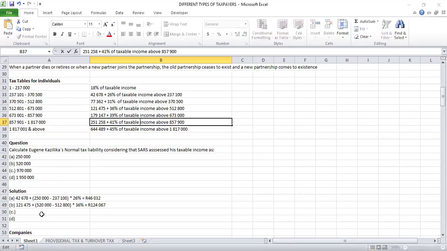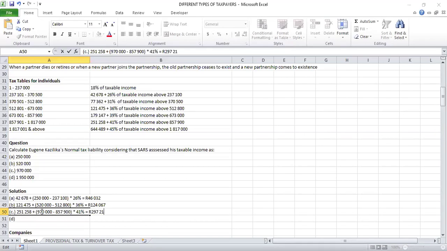So we would say 251,258 plus 970,000 minus 857,900, multiplied by 41%. What do we get? It's 297,219.